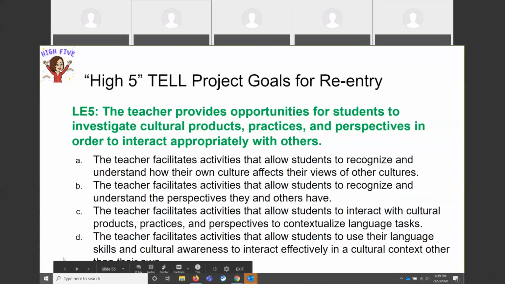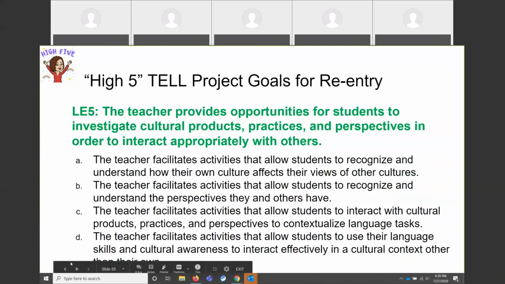All right, so we are now at the TEL criteria learning experience number 5. The teacher provides opportunities for students to investigate cultural products, practices, and perspectives in order to then interact appropriately with others with cultural competence.